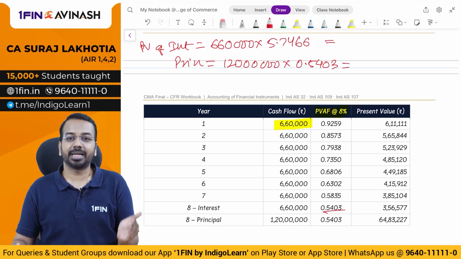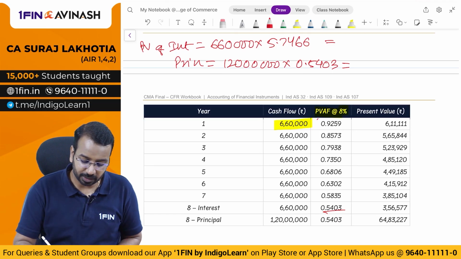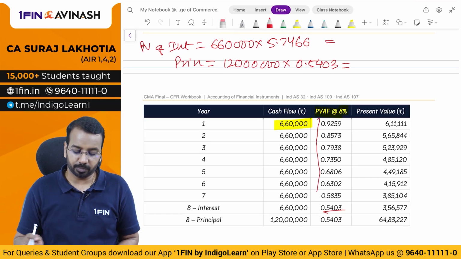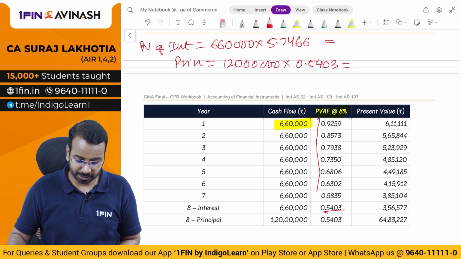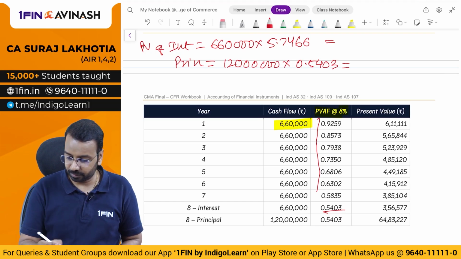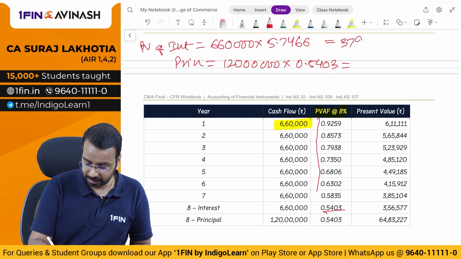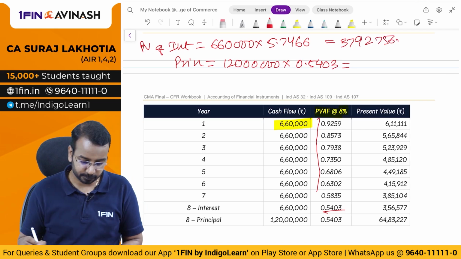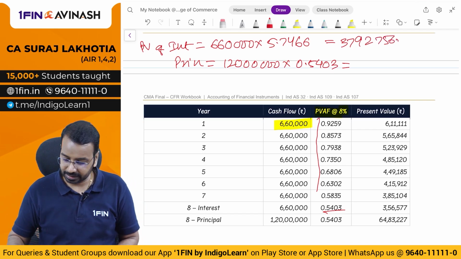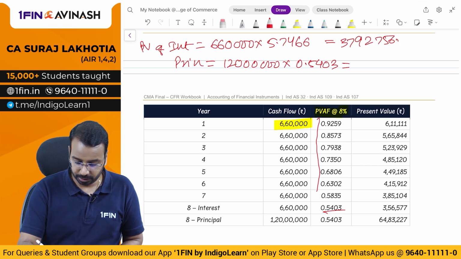Sir, how to avoid that rounding of difference in the exam? The present value factors, whatever is given, you can just total them up. So 5.7466 into 6,60,000 is equal to 37,92,756, and 1 crore 20 lakhs into 0.5403 is equal to 6483600.